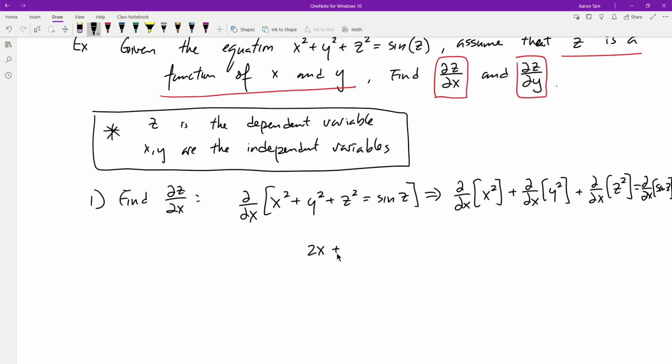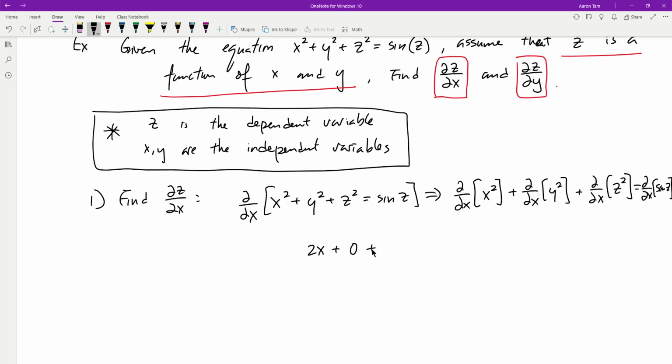The key is that in partial differentiation, we only differentiate with respect to one independent variable, and all other independent variables are constant. So here we're taking the derivative of a constant, y squared, and the derivative of a constant is 0.